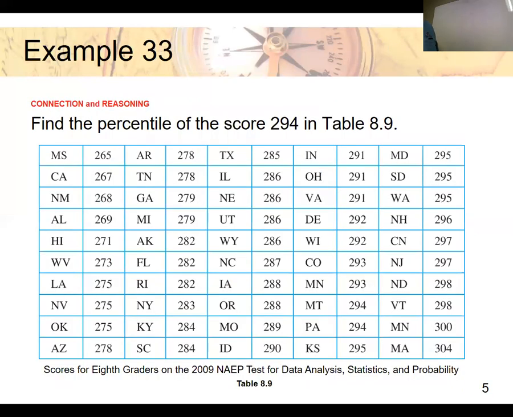So in this example, here are the scores for 8th graders on a 2009 NAEP test for data analysis, statistics, and probability. Let's say we want to find the percentile of the score 294. That's in table 8.9, and here's that table. These are all the average scores for each state.